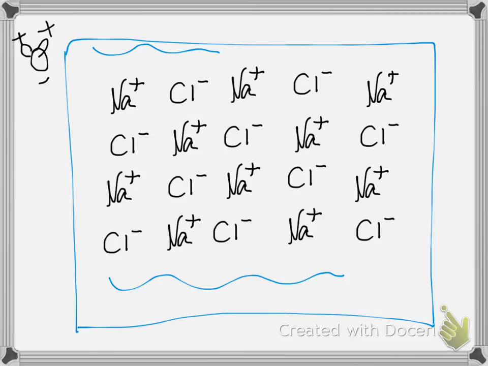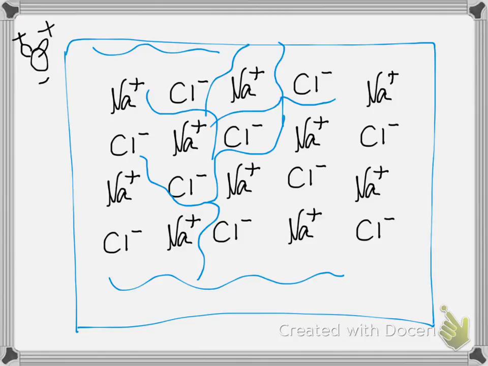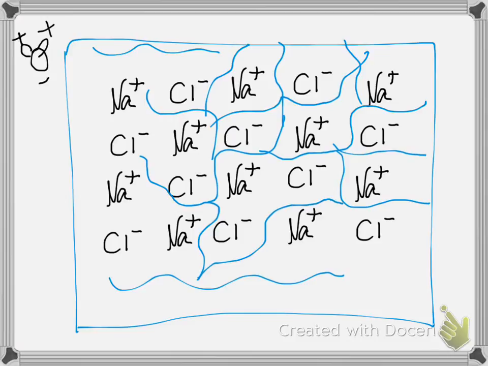What that allows the water to do is to snake in between all of these ions and separate them. And what actually happens, and we will talk a lot about this in chapter 13, and it's cool stuff, is that instead of salt in your water, you end up with sodium ions and chlorine ions in your water.